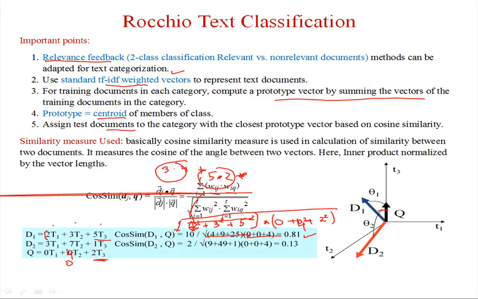So after that, 22 divided by some other amount, like 4 plus 9 plus 25 whole square into 16 plus 4, and after calculation we can get this angle. So this is the general trend to calculate the angle. In the same way we can calculate the cosine angle between two documents, and so on.